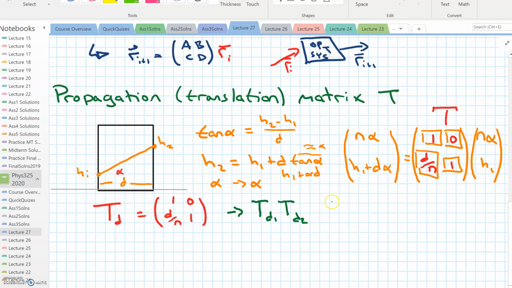So if we take the product of these two matrices, we'll get [1, 0, d1 over n], [1, 0, d2 over n]. And what is that?